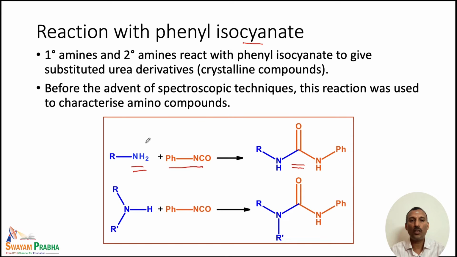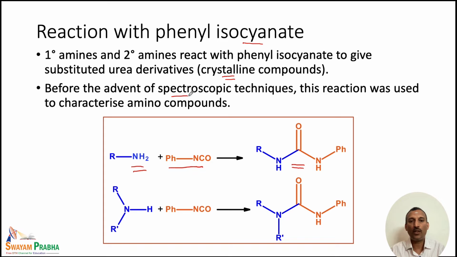In olden days people were using these kinds of reactions to characterize the amines, because amines are basically solids or liquids. To characterize a particular amine, the amine was converted to the urea derivative, and that urea is a crystalline compound in most cases, which can be characterized very easily.